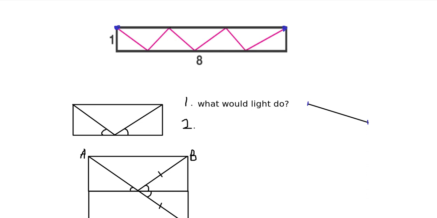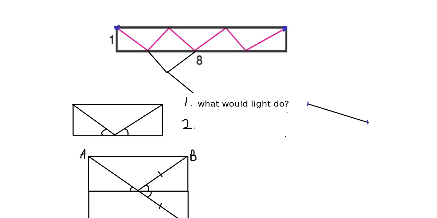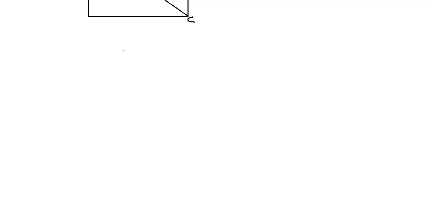If I were to reflect, say, right here, like that, we see that if we just keep reflecting, we'll get a long chain of things that will eventually go down to another point. And if we're trying to minimize the length from this point to a point down here, let's figure out what that would end up being.